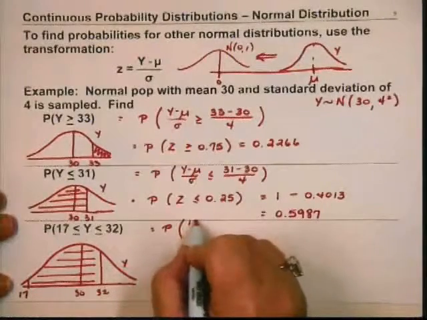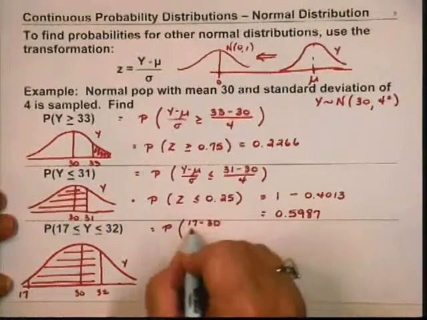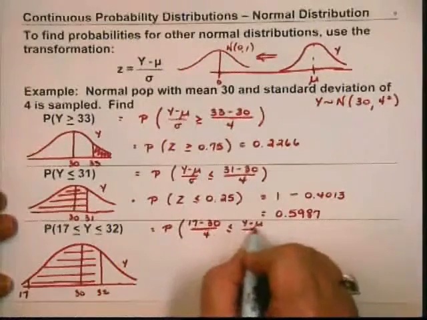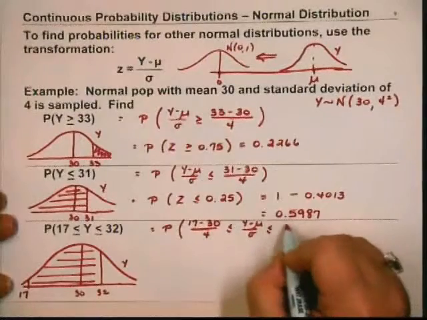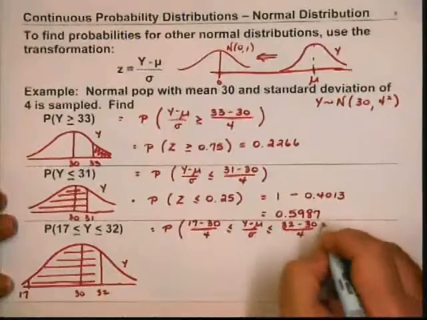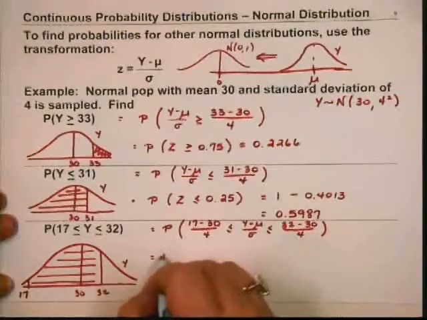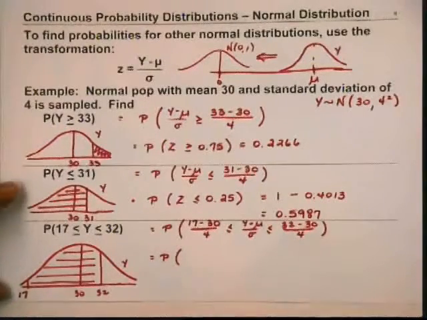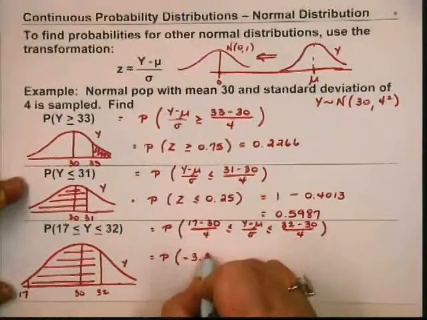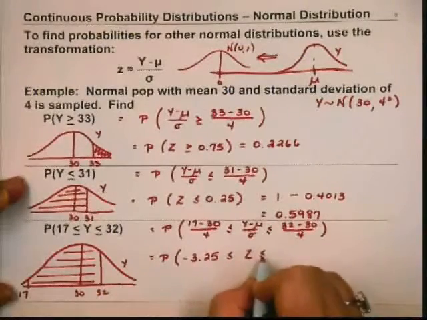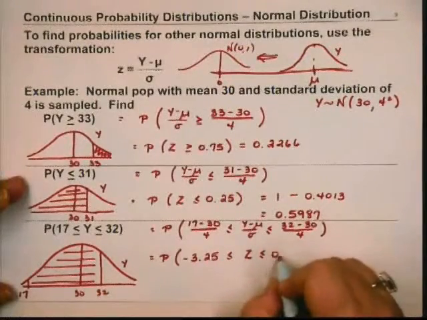So we have 17 minus 30 over 4 less than or equal to, I repeat the formula here in the middle, 32 minus 30 over 4 on the right. 17 minus 30 divided by 4 is negative 3.25. Less than or equal to z, less than or equal to positive 0.5.